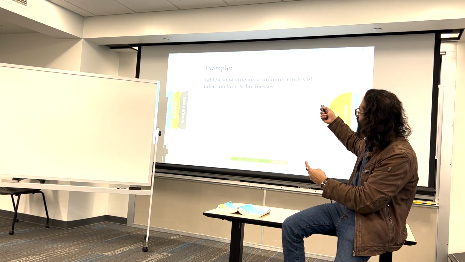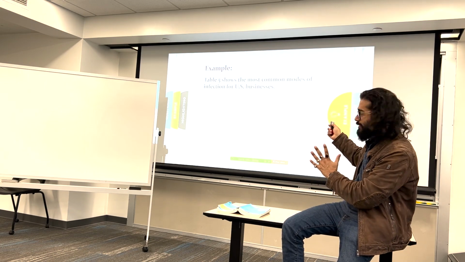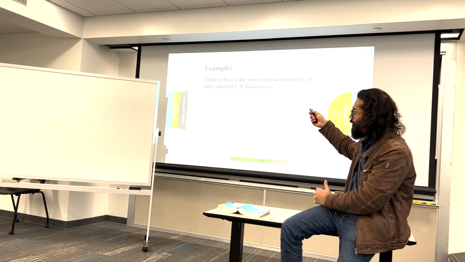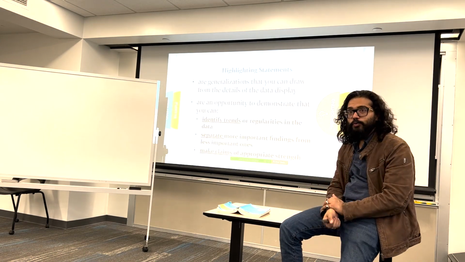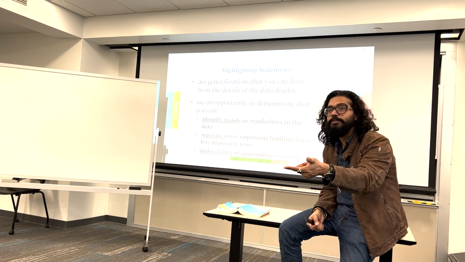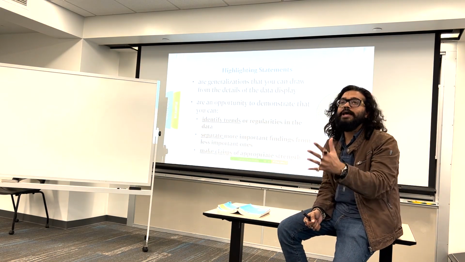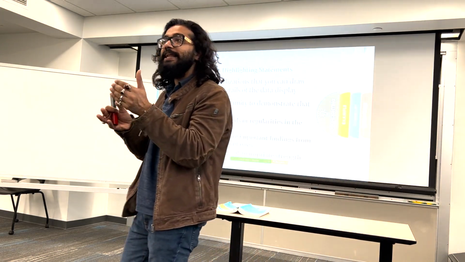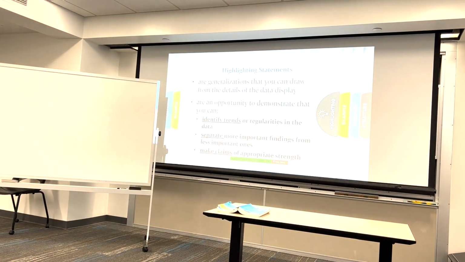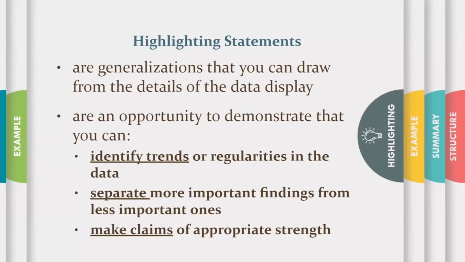Table 5 shows the most common modes of infection for US businesses. That's the summary statement. We have a location element and we have a summary. Now the next, what we expect in the highlighting statements. We see irregularities. We see something significant in the next sentence. After the summary statement, you have to pick up something that will identify a trend, regular or irregularity. Something that actually justifies the word highlight.